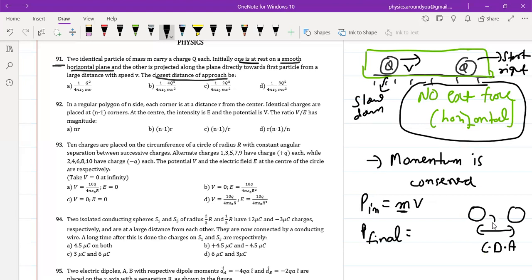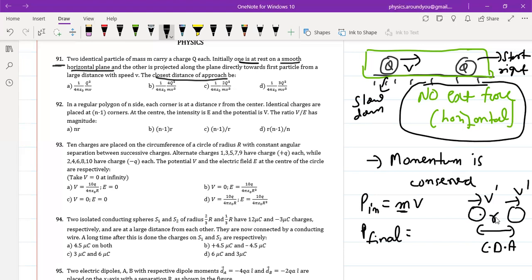Let that distance be R. At that instant, the concept is both of them will have the same velocity. Let me call the velocity v dash. You may ask, why should they have the same velocity? Well, if they had different velocities, then the distance between them would go even further.